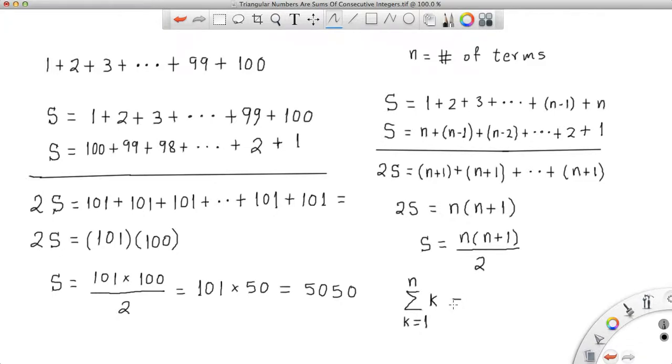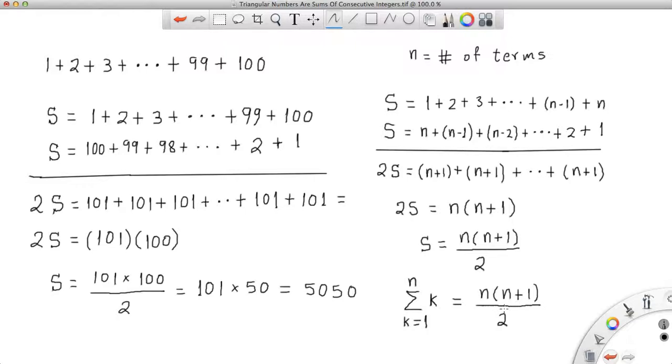The result of that sum is our triangular number that we have here in the result, n times n plus 1, and then this multiplication divided by 2. But you can always, since n and n plus 1 are right next to each other, one of them is going to be odd and the other one is going to be even, so you can always divide the even by 2 first and then multiply times the other, and that's the formula for the summation.